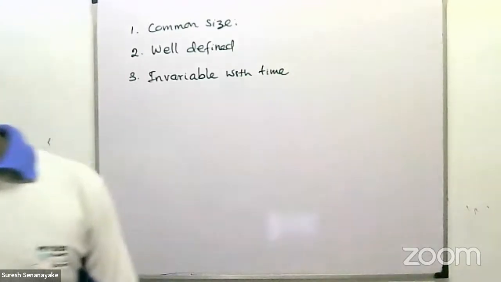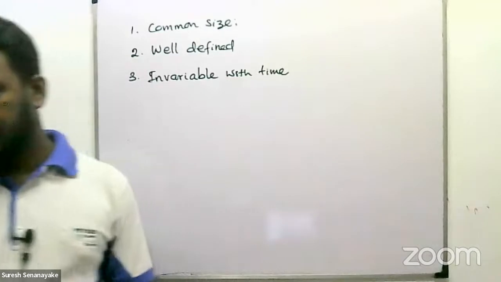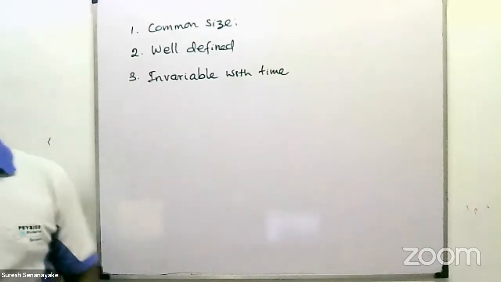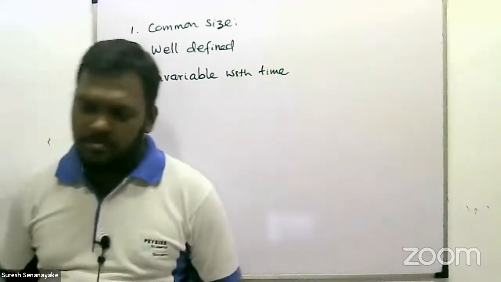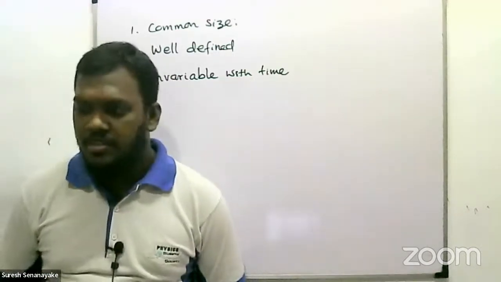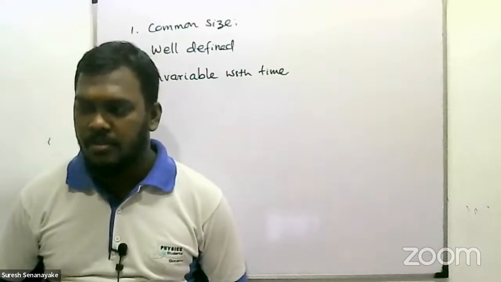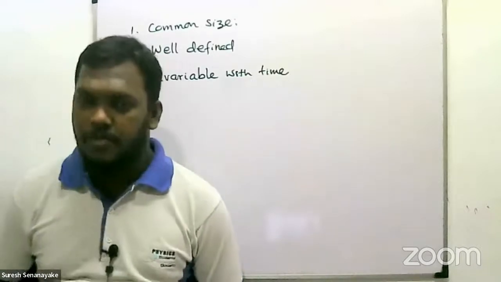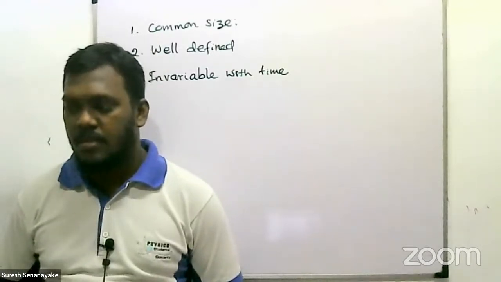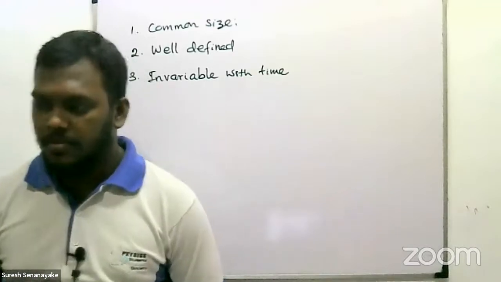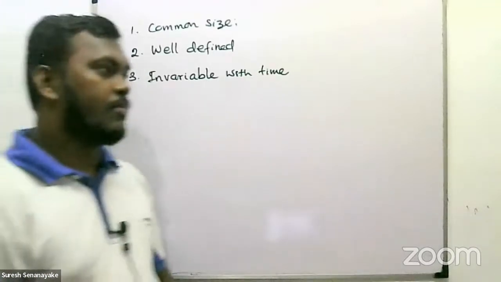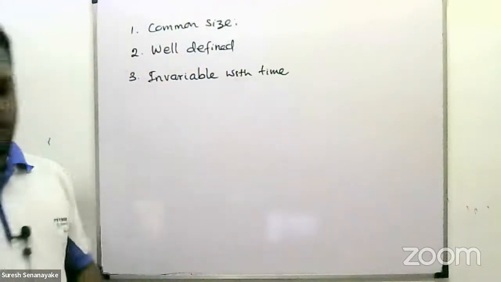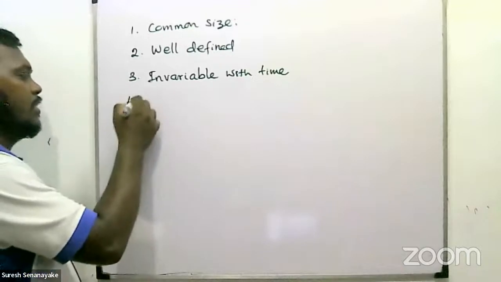The unit should not change with time. If the unit we had today changed by tomorrow, it's not a good one, right? So the unit of measurement for a physical quantity should be the same irrespective of time.